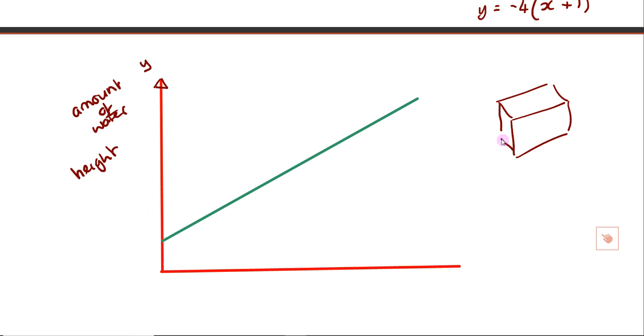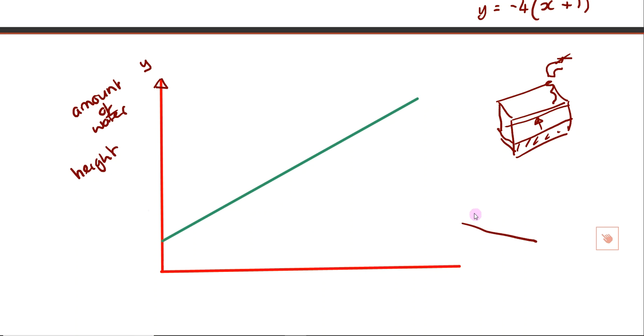Here's the tank. I've got a tap and the water's coming in, right? So if we look at the amount of water in that tank, that's going to go up as the tap runs. So this tank is filling up like that.